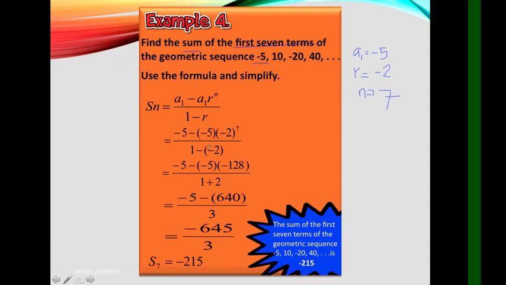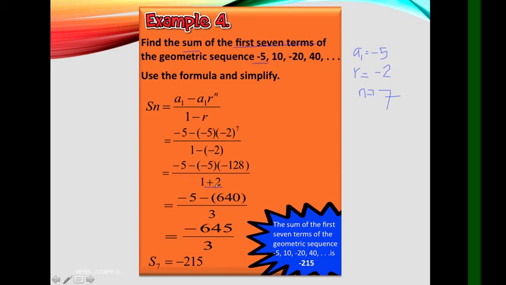Next, for the denominator, since pareho sila negative, so makakakuha ka ng positive. So, 1 plus 2. Next, we have negative 5 times negative 128, and that is positive 640. 5 times 128 is 640, and negative times negative is positive. Next, we will copy the negative sign here.